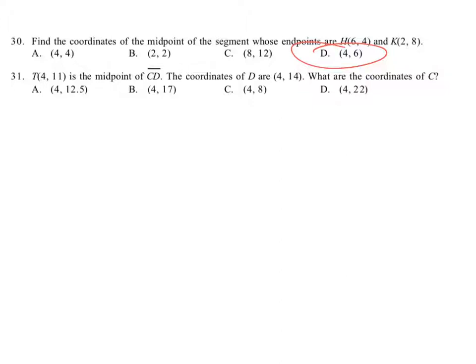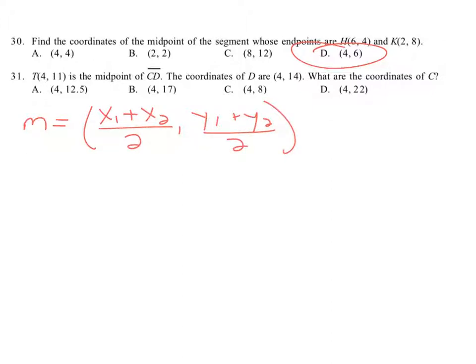Okay, so the coordinates of the midpoint, for this one, number 31 now, M equals x1 plus x2 divided by 2, comma, y1 plus y2 divided by 2. The order doesn't matter. Now, we know the coordinates of the midpoint. T is the midpoint, and it's got coordinates (4, 11).